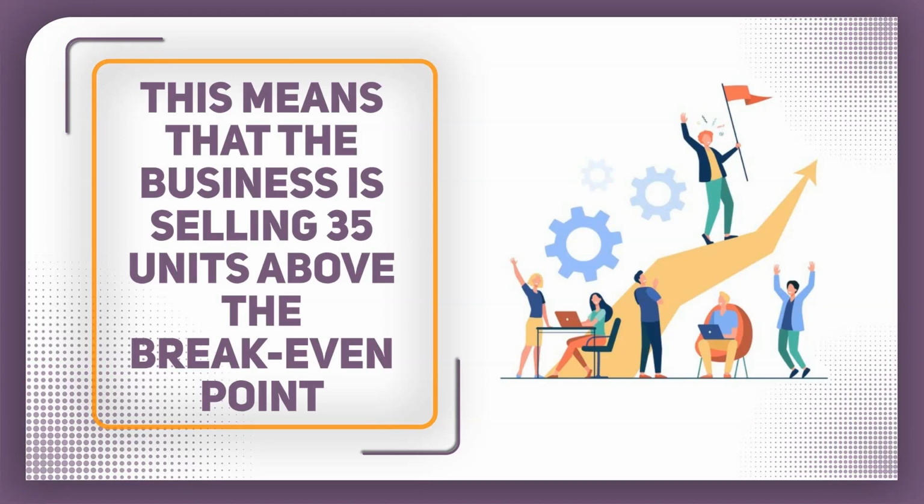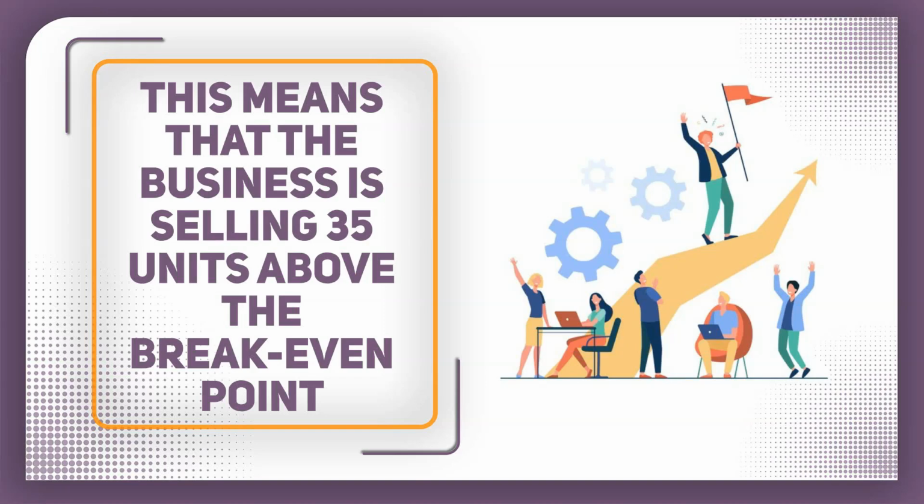The margin of safety is basically a measure of how well a business is performing compared to its break-even point. If a business has a large margin of safety, then it's performing well. It's selling much more than its break-even point. If it has a small or even no margin of safety, then the business could have some things to worry about.